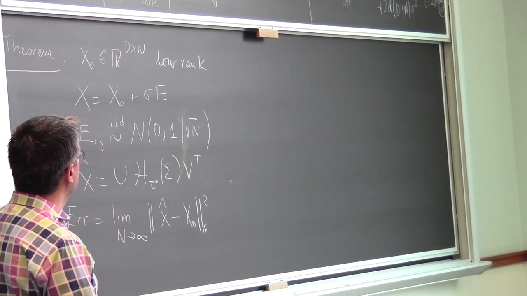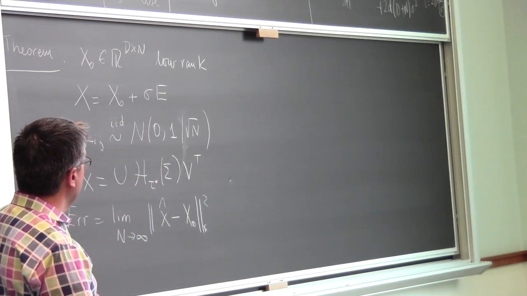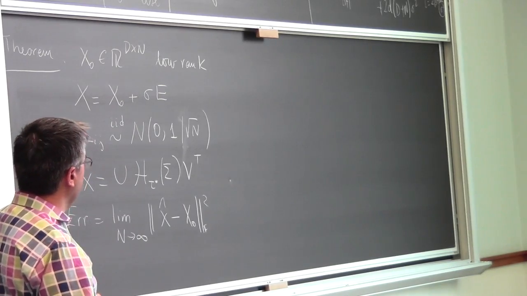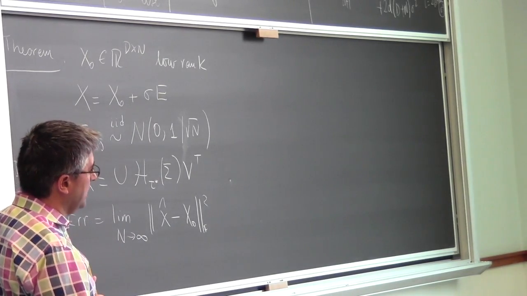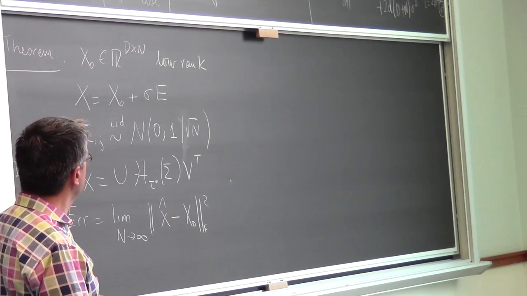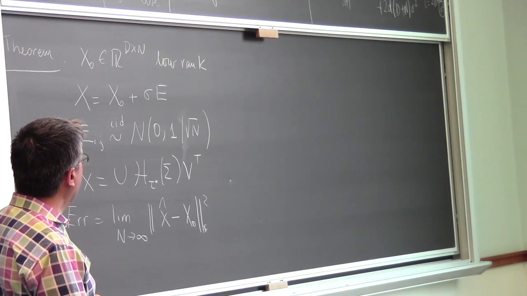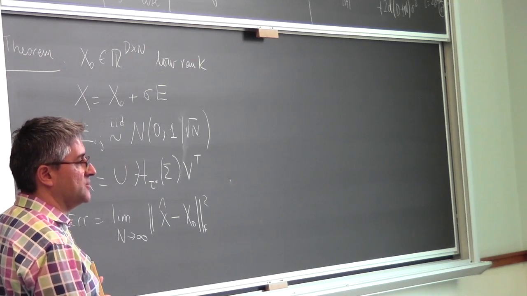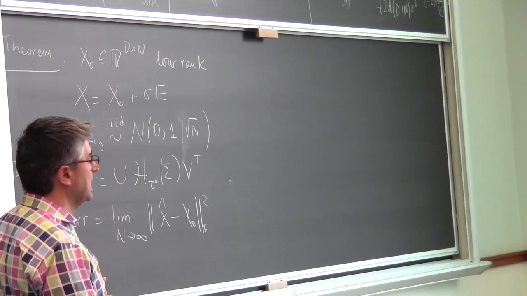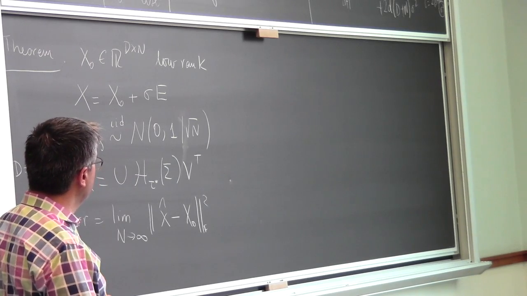So I repeat what we're doing. We're given a matrix. It's exactly low rank. I corrupt it with Gaussian noise. I try to estimate the original matrix by doing PCA. I estimate the number of principal components.